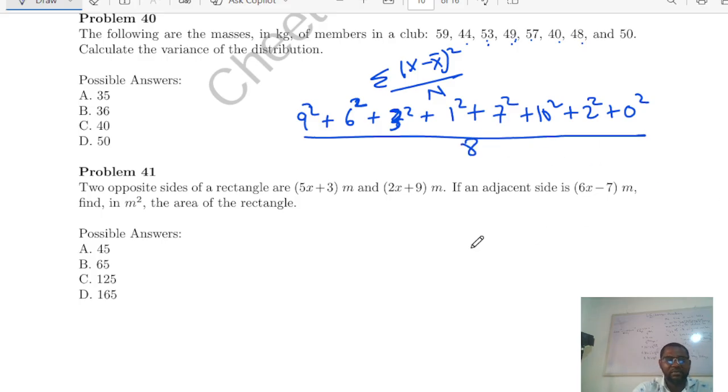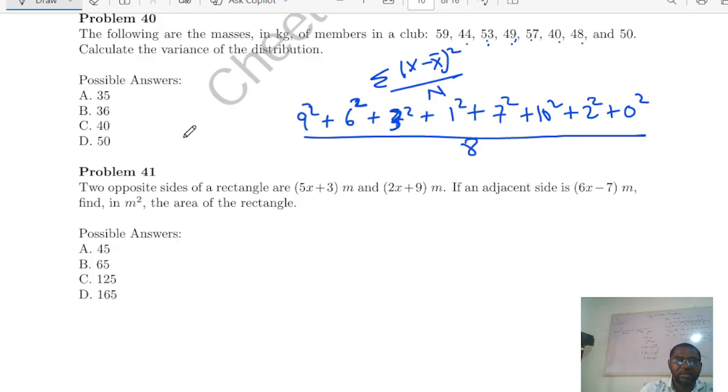So I use my calculator here. 9 squared plus 6 squared plus 3 squared plus 1 squared plus 7 squared plus 10 squared plus 2 squared plus 0 squared is 280.